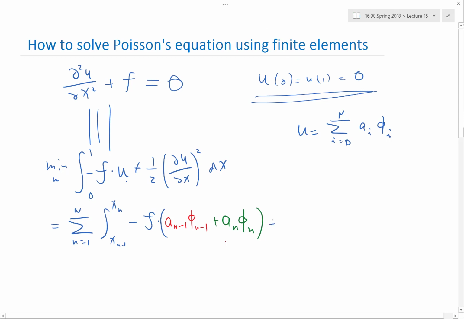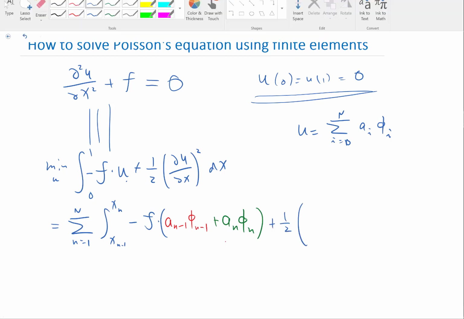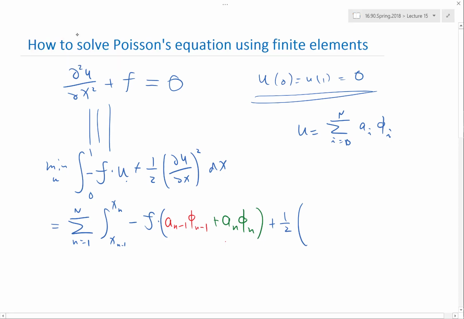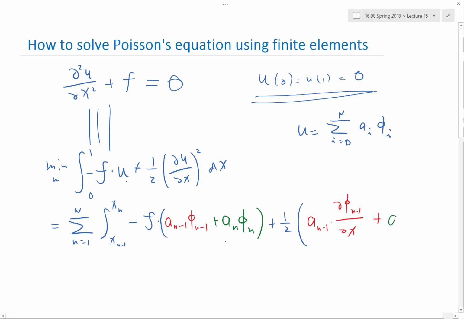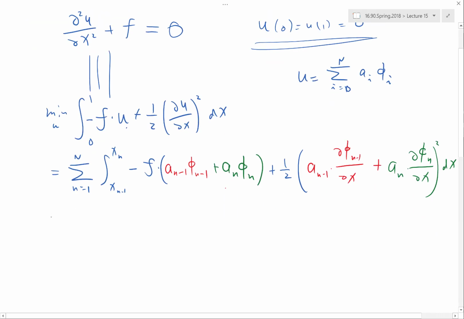And then comes the quadratic term, right? The quadratic terms. Again, we have a_{n-1} times phi_{n-1}' dx plus the green. The derivatives are new, right? But we are going to see the derivatives actually make the math easier rather than harder. All right. So now let's expand them.